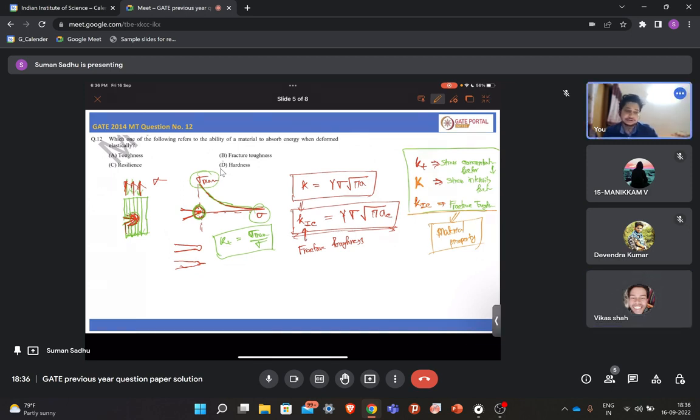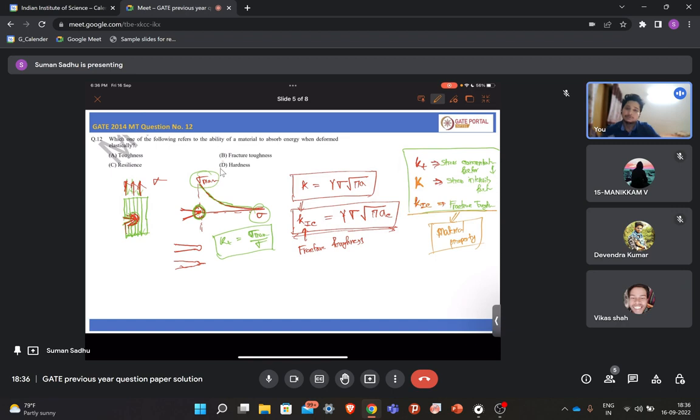Is it hardness? What are the different kinds of hardness you have heard about? Yes, sir. We have heard about the measuring of hardness, like Vickers hardness and Rockwell hardness.